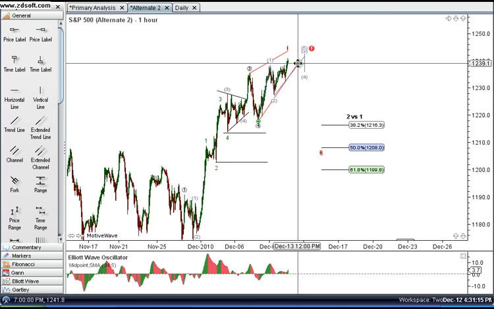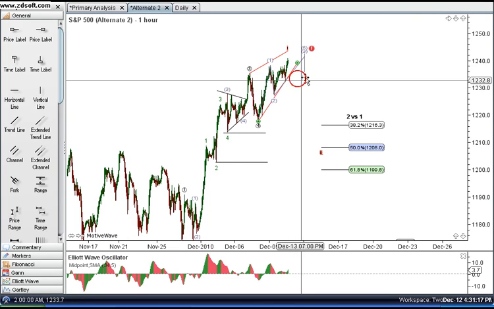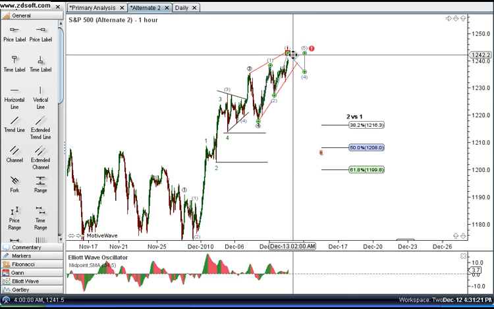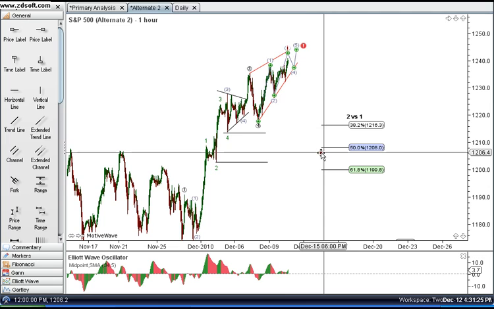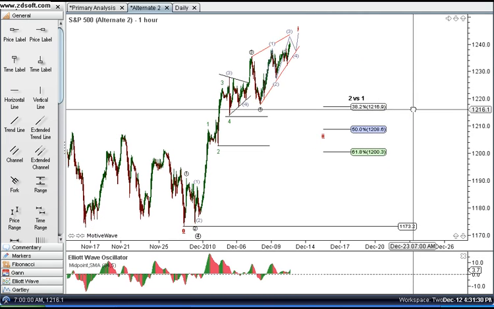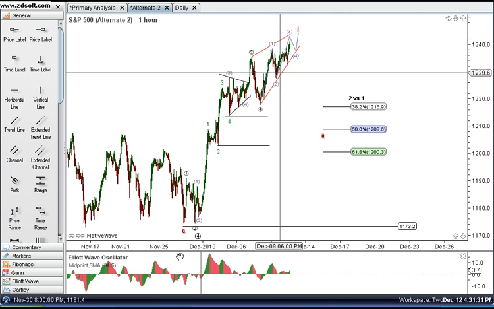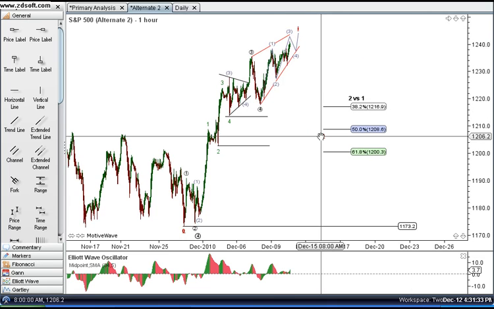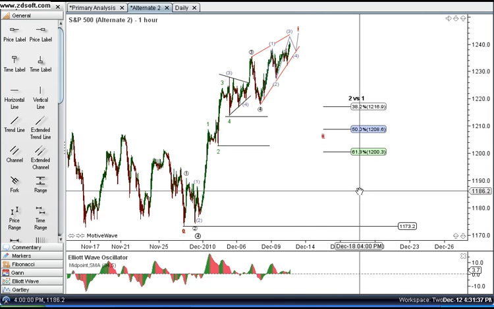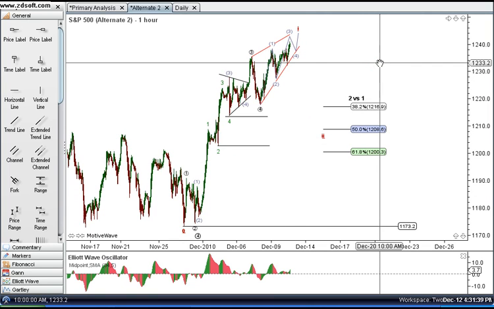I don't know what happened to my lines, but looking for a 3, a 4, and a 5 yet here for either the top or just the end of wave 1 of 5. So then we'll be looking for a retracement back into this area.